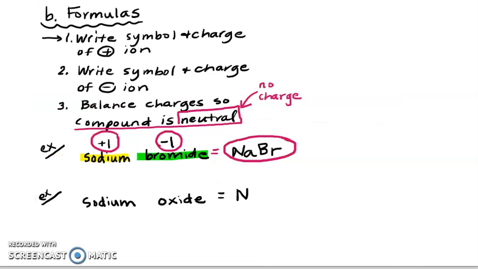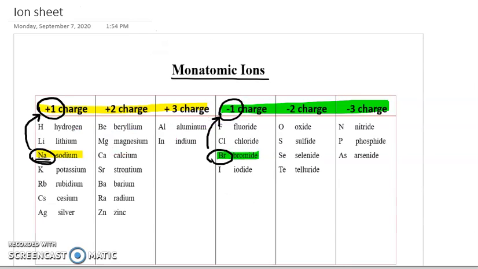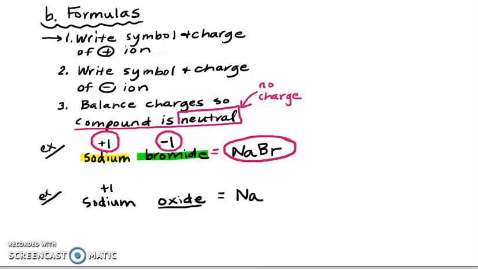So I'm going to write Na over here and +1 here. Now I'm going to look for oxide on my ion sheet. Oxide is over here. Its formula is O, but its charge is -2. So I'm going to write O and -2.